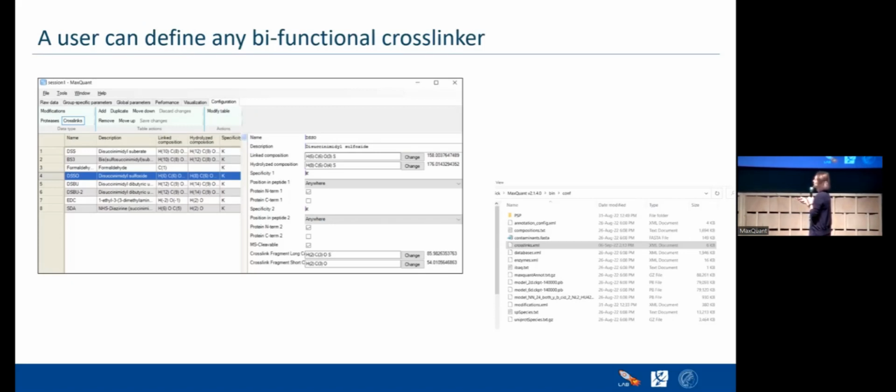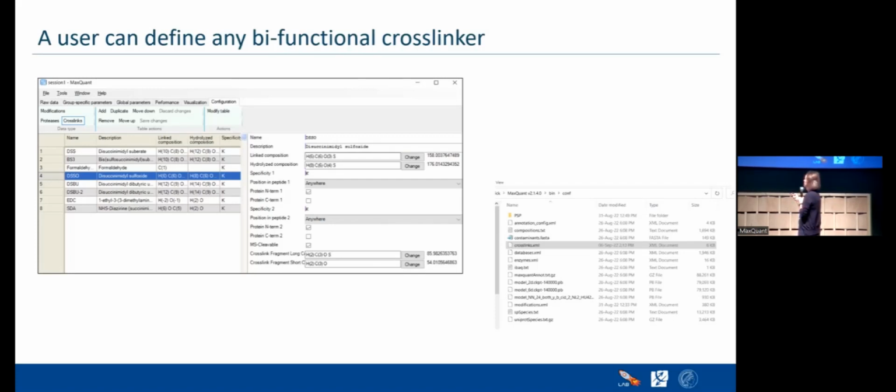So you could again either add or duplicate, and then you will write what is the name of the crosslinker and description, and the link composition when your crosslinker has 2 arms and these 2 arms are linked to a peptide. And this is the composition that we give to MaxQuant.